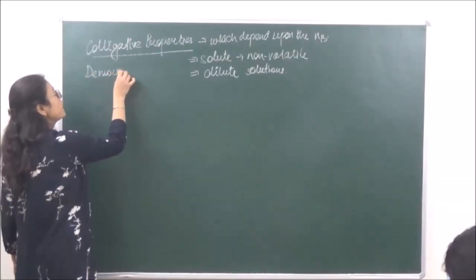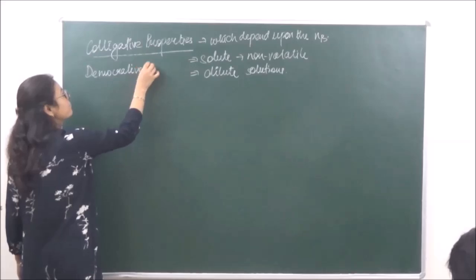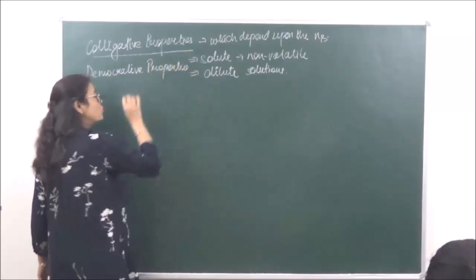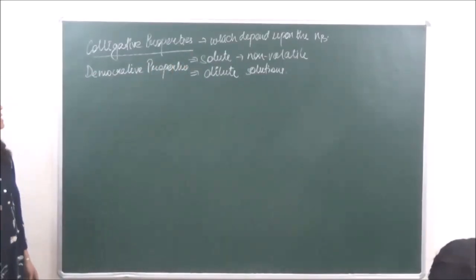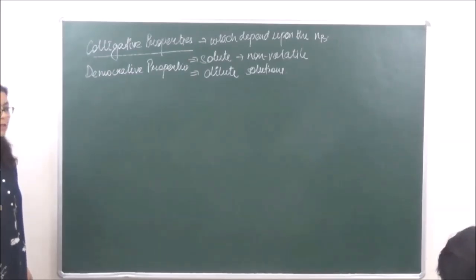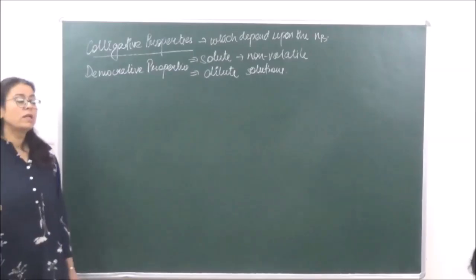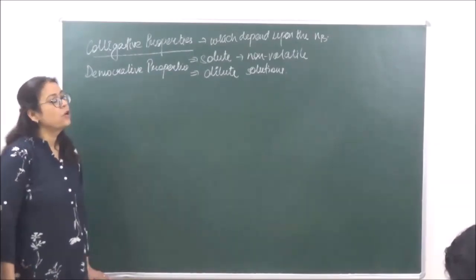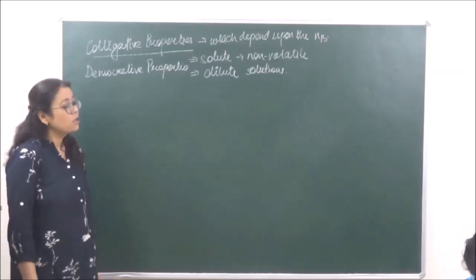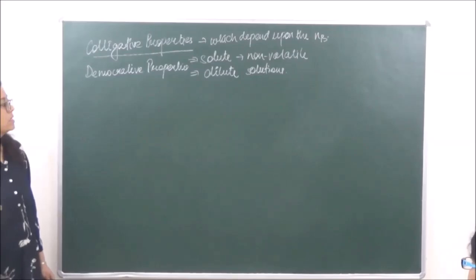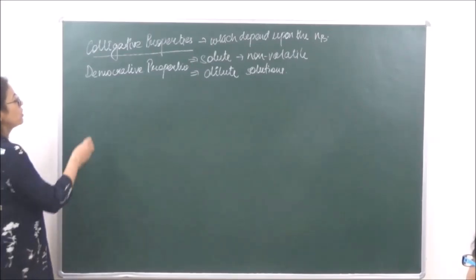They are also known as democratic properties. Why democratic? Because you know that democracy depends upon the number of votes of the people, and it does not depend on anything else. Similarly, colligative property will depend only upon the number of solute particles and not on anything else. So that is why we also call colligative properties democratic properties.